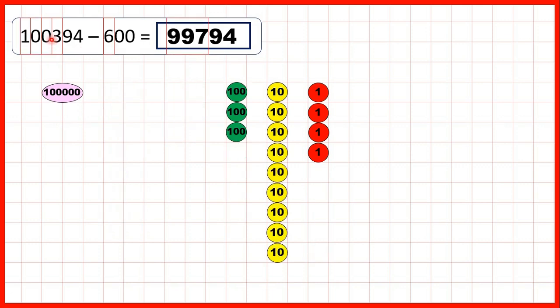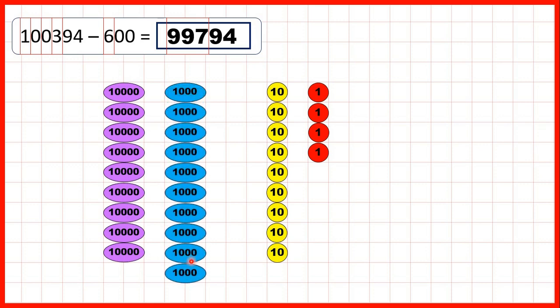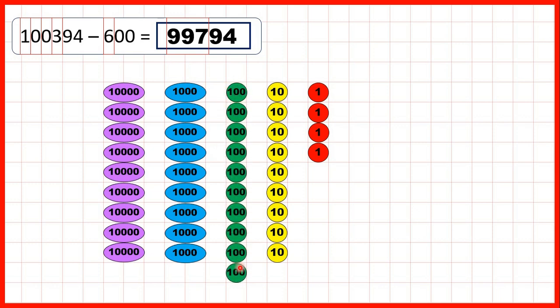Then we had 100,394. We needed to subtract 600. We can subtract 1, 2, 3 hundreds, but then we need to exchange our 100,000 counter for 10 10,000s. Then we can take one of those 10,000s and exchange it for 10 thousands, and then take one of those thousands and exchange it for 10 hundreds.